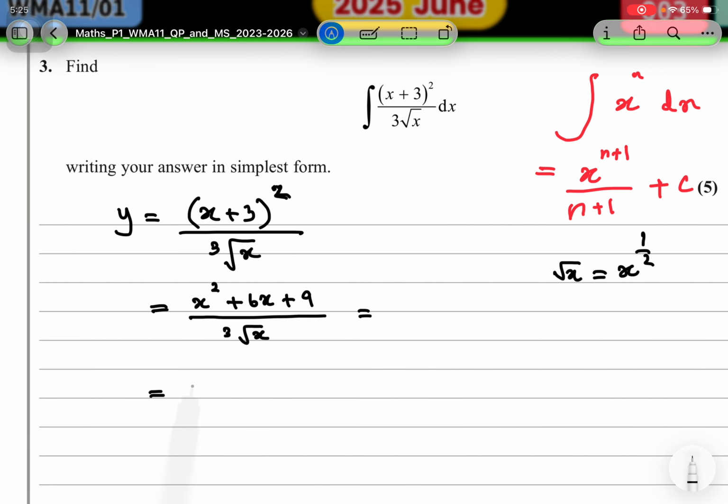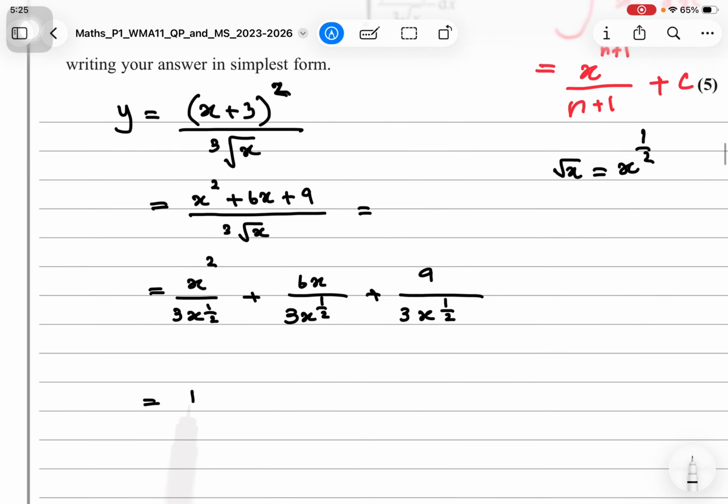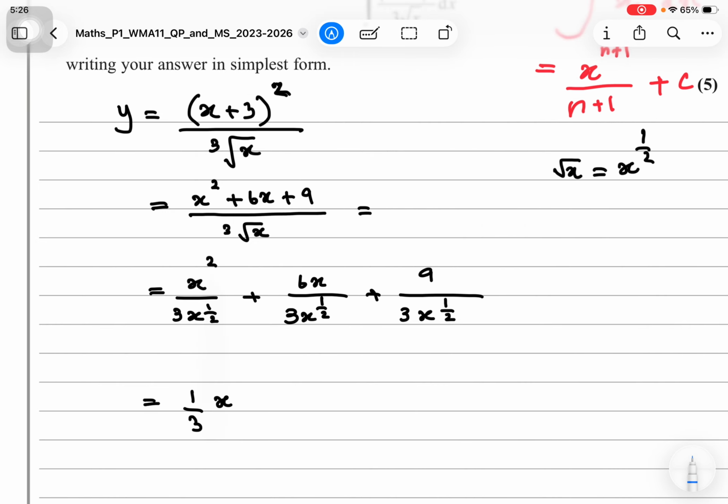So whenever you do each one separately, you divide x squared, 6x, and 9 each by x to the power half. Here we have 1 over 3 x. We know the division of powers means subtraction, so here the power is 2 minus 1 over 2, so it's going to be 3 over 2.